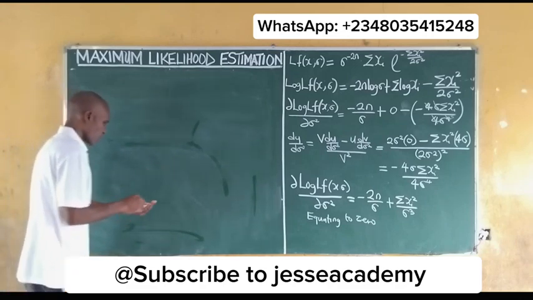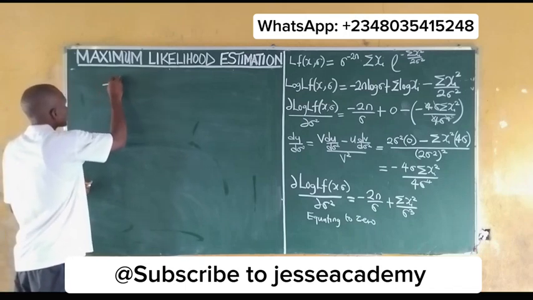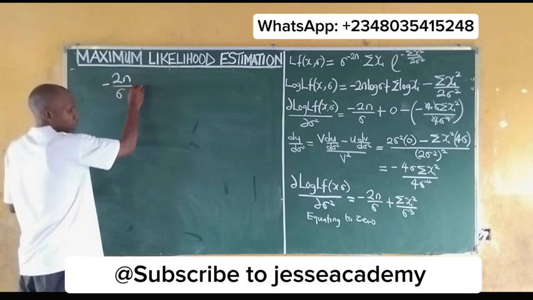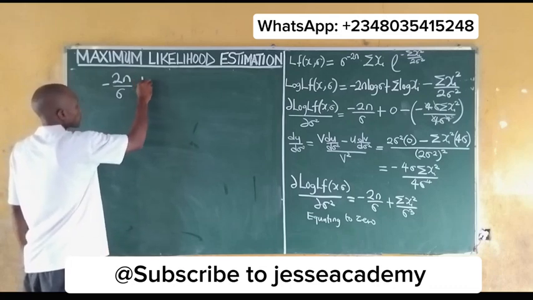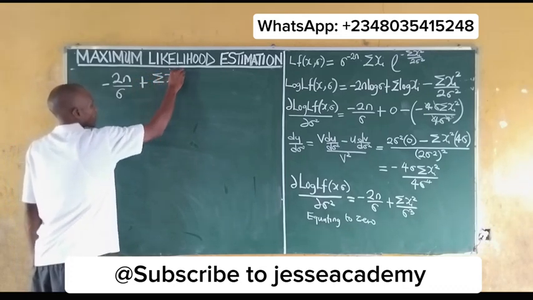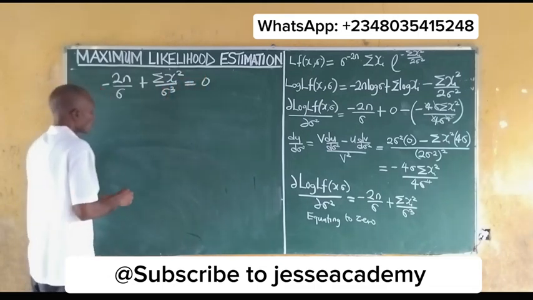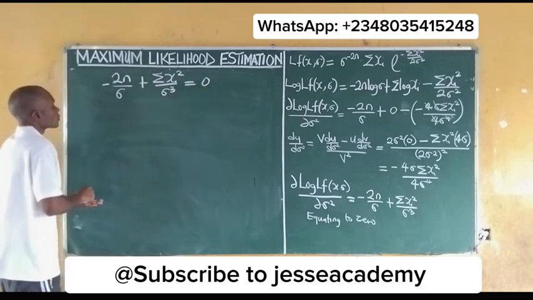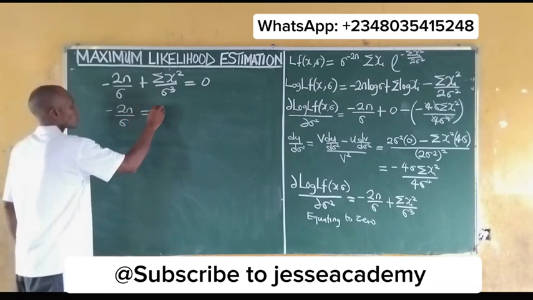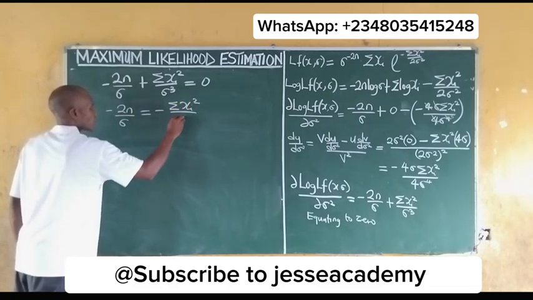So if we equate that to 0, we get negative 2n all over sigma plus summation of xi squared all over sigma cubed is equal to 0. Of course, this can go over to the other side, which will give us negative 2n all over sigma to be equal to negative summation of xi squared all over sigma cubed.